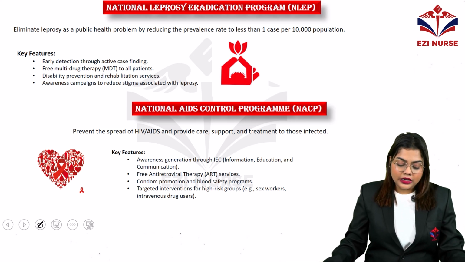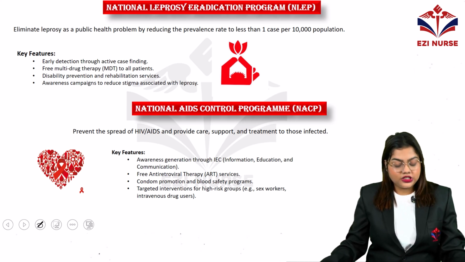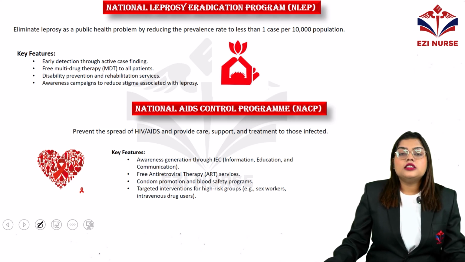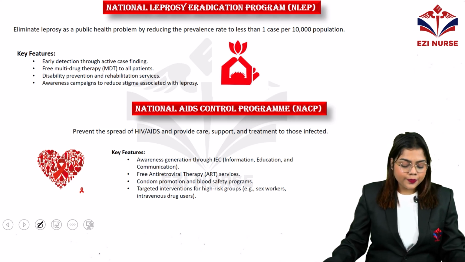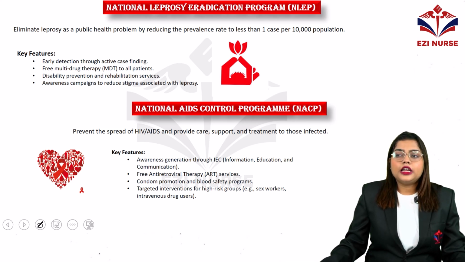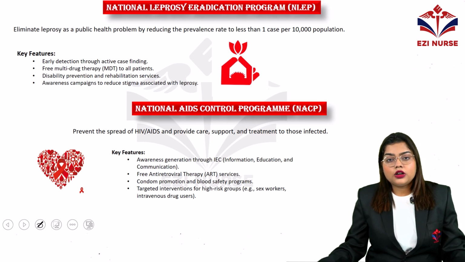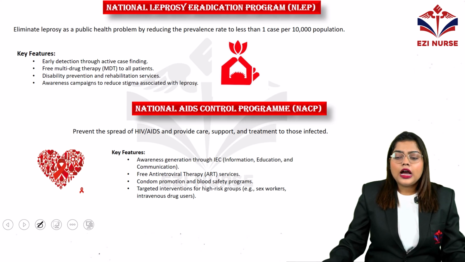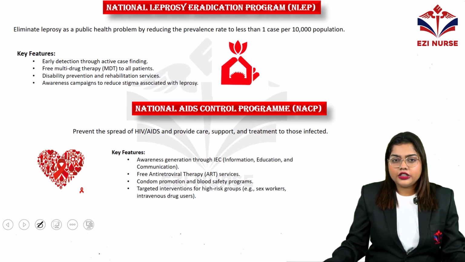Next is free multi-drug therapy to all patients of leprosy, then disability prevention and rehabilitation services to the general public. Then awareness campaigns to reduce the stigma associated with leprosy. There is a taboo in our society that we should not touch people with leprosy, and we should not share anything with them.